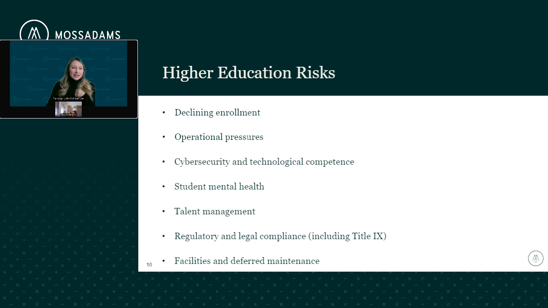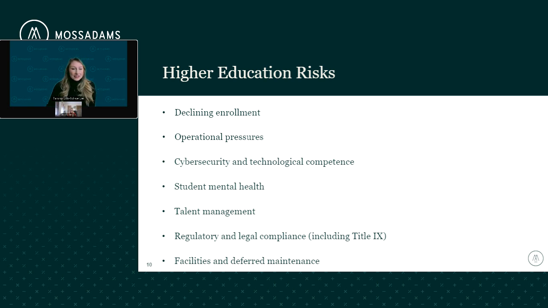And the last area is facilities and deferred maintenance. So many institutions have aging infrastructure. There's a high cost of maintaining your buildings and facilities, as well as providing the necessary upgrades for them.